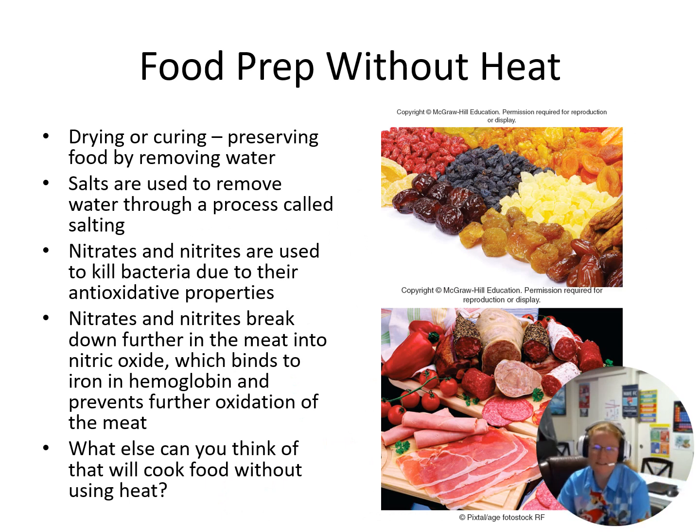Okay. We can do some food prep without having to use heat. So there's drying, there's curing. We can use salt. Okay. So if you salt something, we have that process of osmosis where we're going to get things that move around. If I have a high salt area, my water is going to want to flow to that high salt area. So that will draw moisture out of food that way. We use these nitrates and nitrites to kill bacteria when we're curing things.